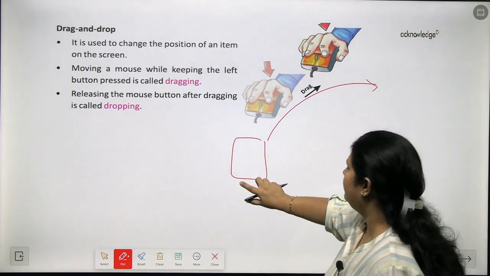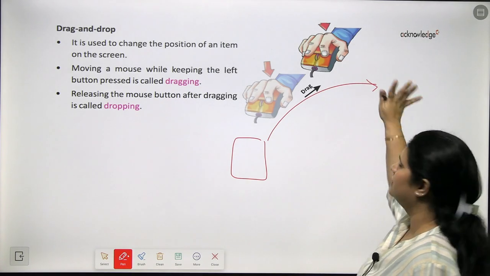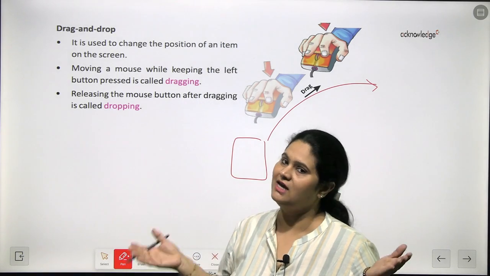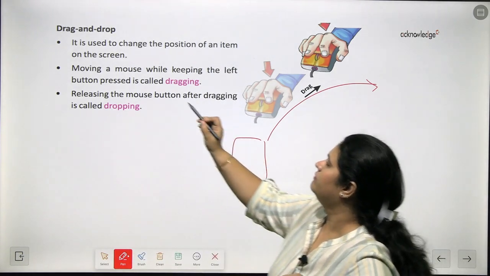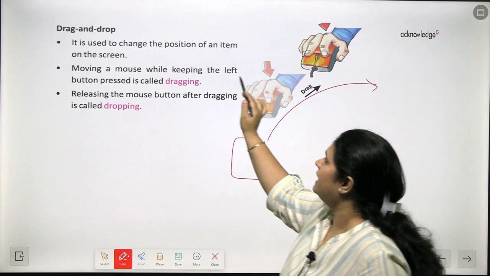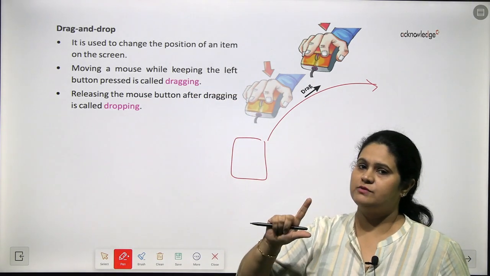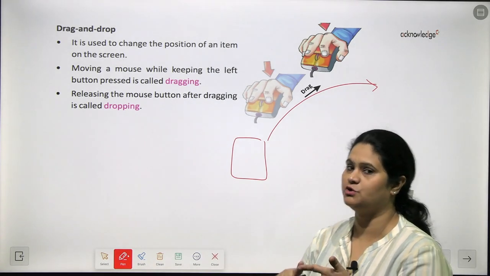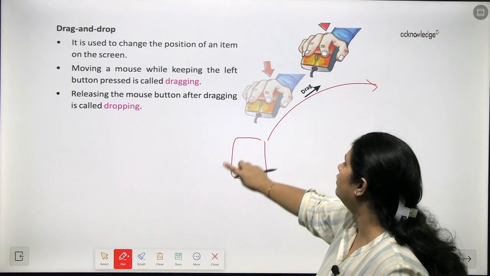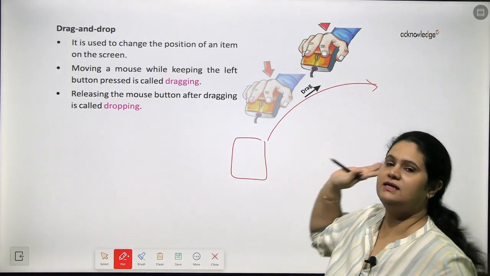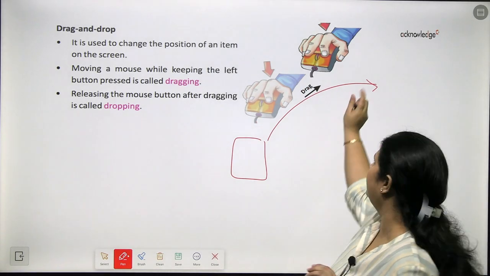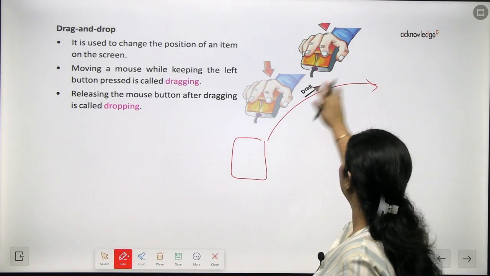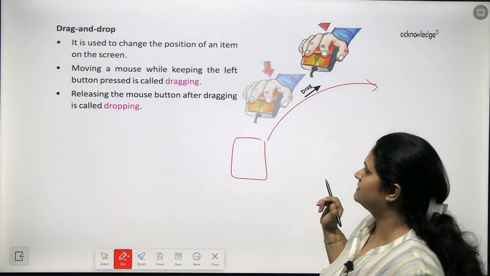I will drag this icon and drop it over here. And now we will see how we do it. So, you move your mouse while keeping the left mouse button pressed, right? Your left mouse button should be pressed, and you move the mouse to the desired place and simply leave the button. What will happen? Your icon will change its place.